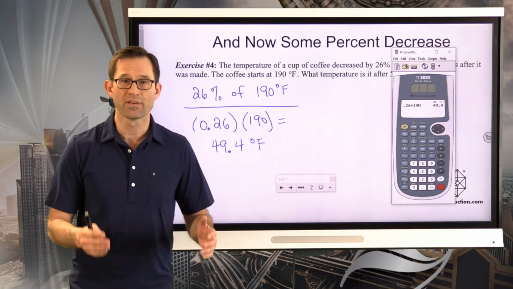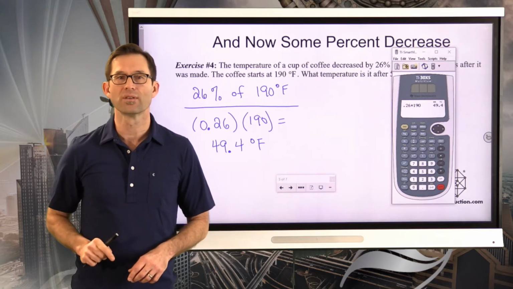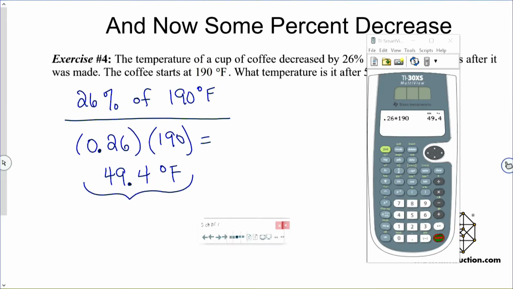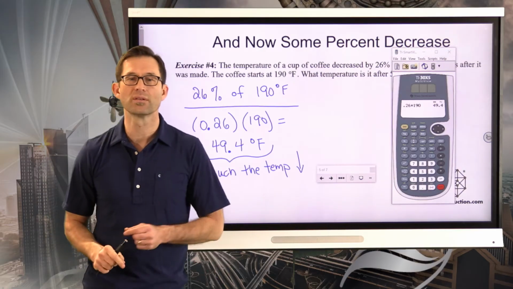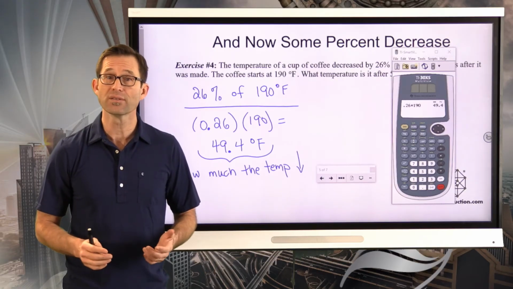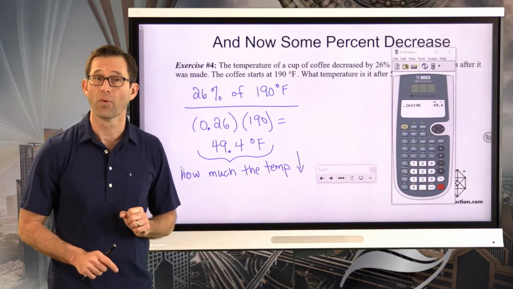Now, let me just emphasize, that is not the temperature of the coffee after 5 minutes. That's actually how much the temperature went down. So this is how much the temperature decreased. Now, if I actually want the temperature of the coffee after 5 minutes, I'm going to have to take my 190 and subtract off my 49.4.